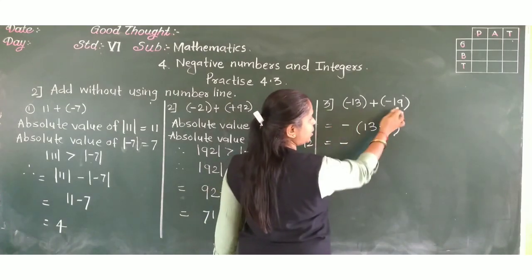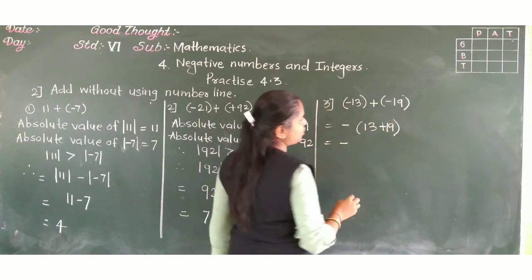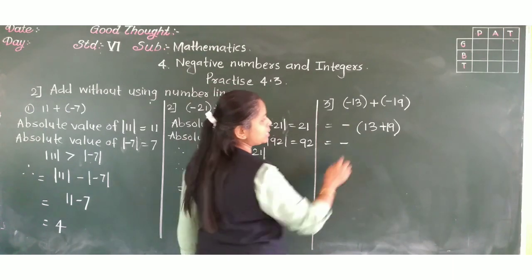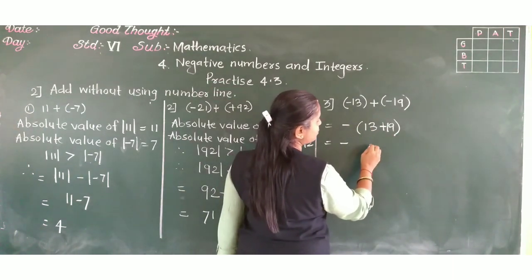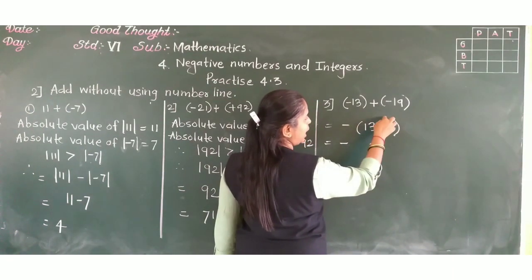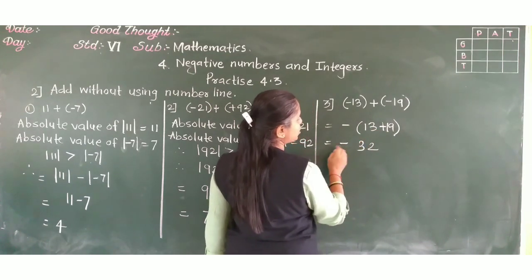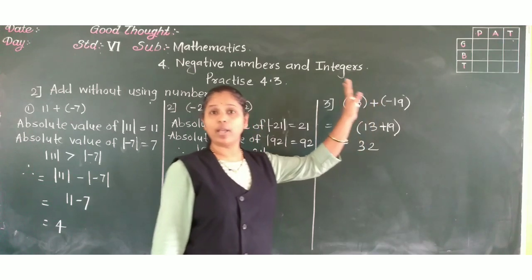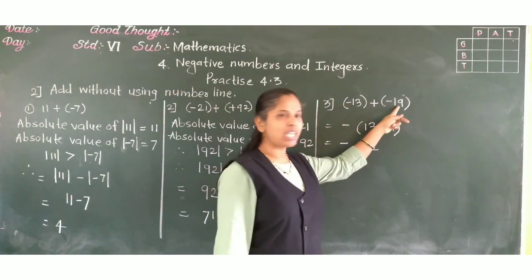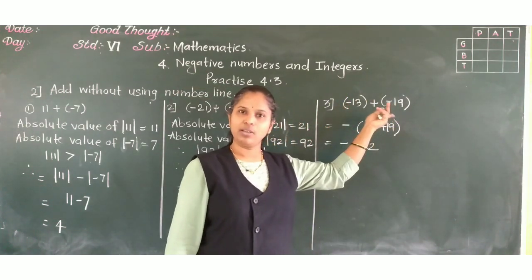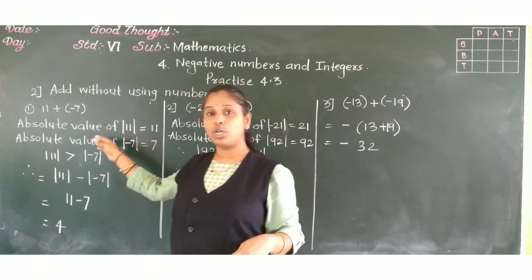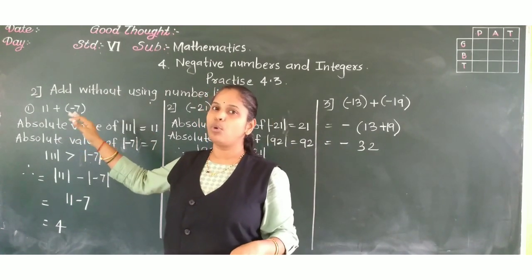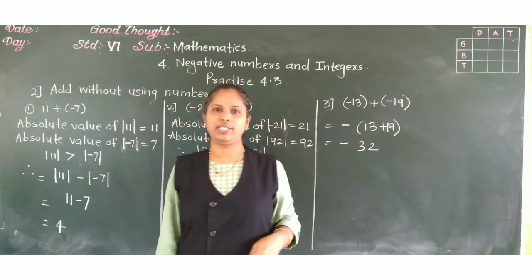So, what is 13 plus 19? 9 plus 3, 12. Carry 1, 32. So, the answer is minus 32. Here there is no need to take absolute values, because both integers have the same sign. We compare absolute values only when both integers have different signs.